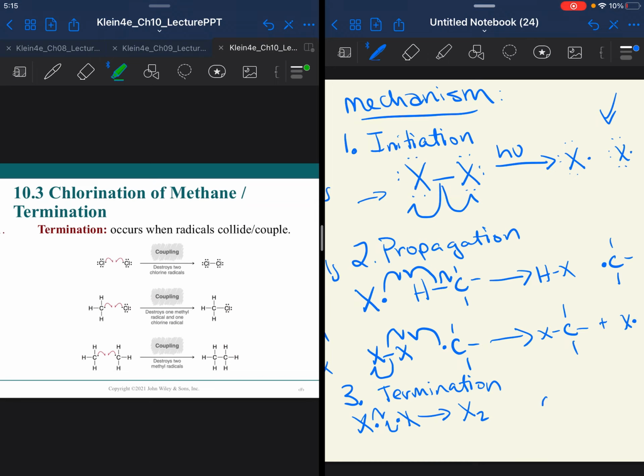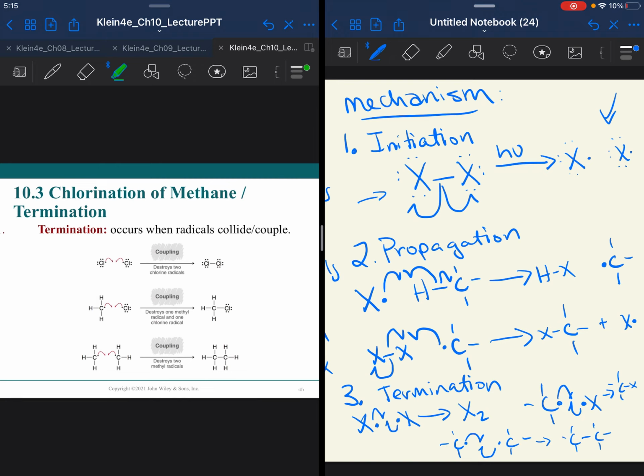If your carbon radical runs into your halogen radical, right, this could form a little bit more product. And there's even a small chance that two carbon radicals could interact, in which case you might get a little bit of another organic byproduct where your two carbon groups came together.